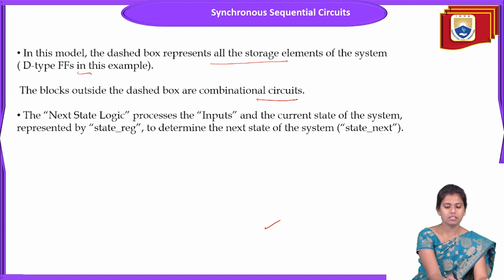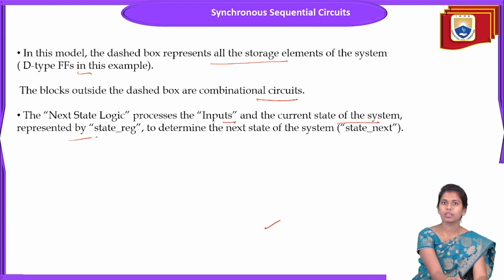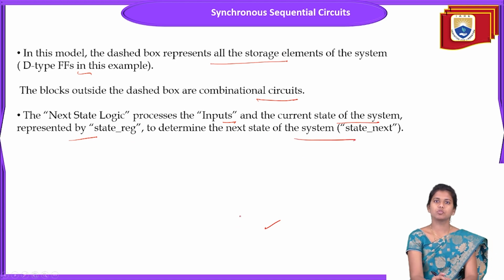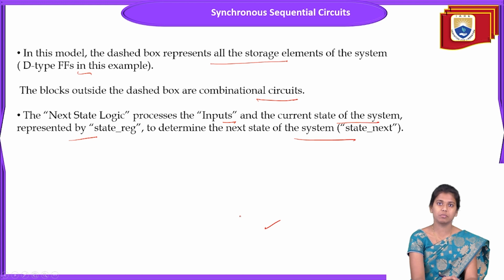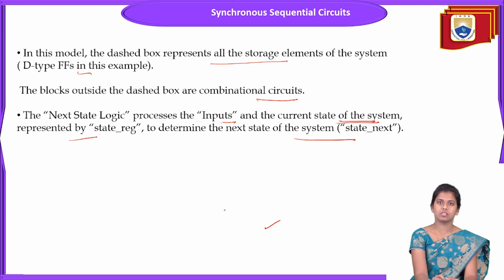The next state logic processes the inputs and the current state of the system, represented by the state register, to determine the next state of the system. So how is the next state determined? It is determined with respect to the inputs and the current state of the system.